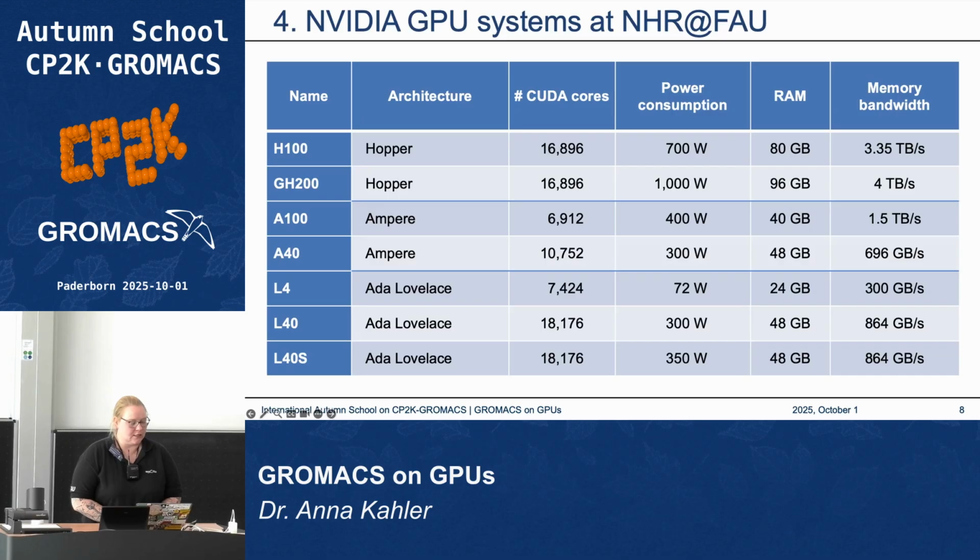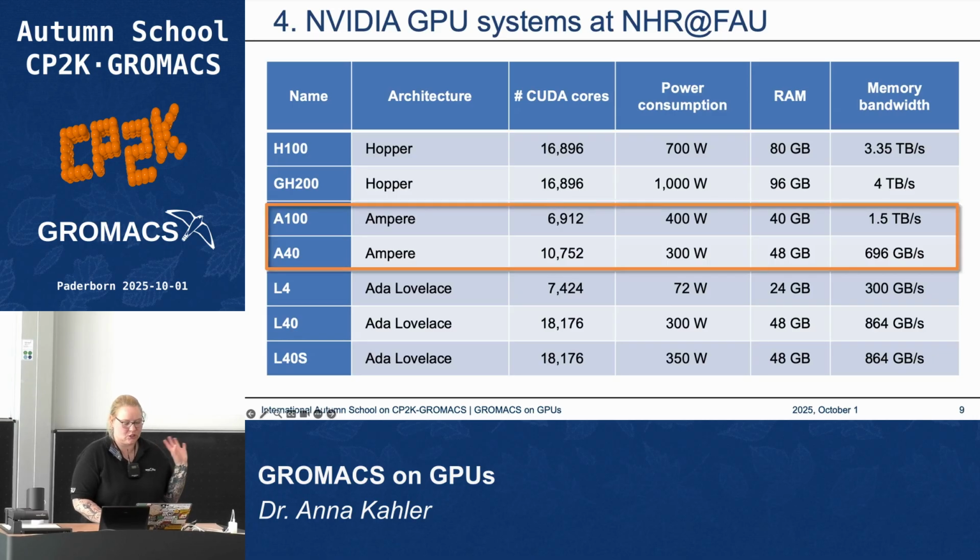And a really expensive GPU is looking at some CUDA cores and watching the CUDA cores do some things, but the tensor cores are completely empty. What I want to point out here, so the Ampere generation is the main workhorse at NHR at FAU.